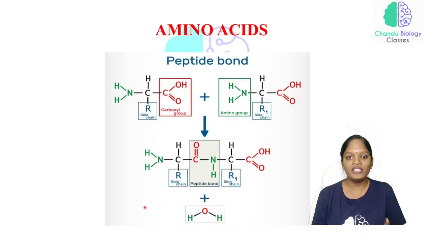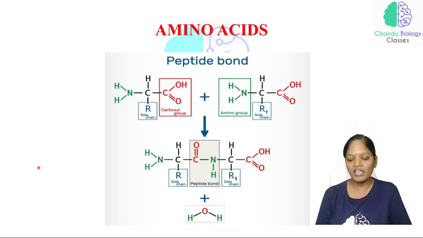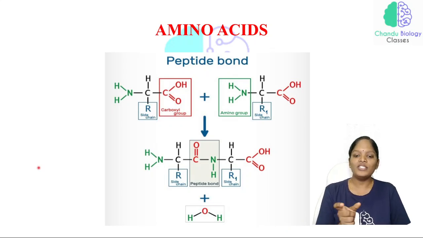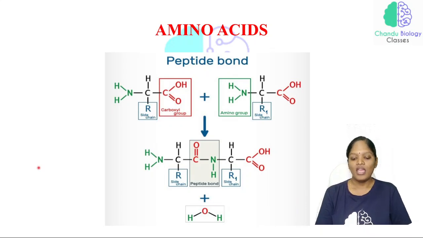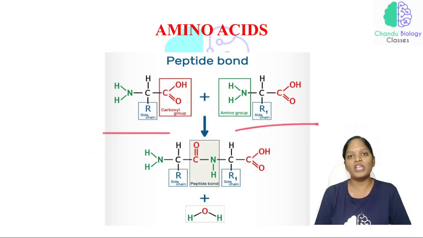Very important. Let me explain once again. A group of amino acids, that particular biomolecule, we call a protein. To make up the protein, one amino acid has to connect with another amino acid. How is one amino acid going to connect with another? We know the basic structure of an amino acid, and this will be amino acid 1 and this will be amino acid 2.